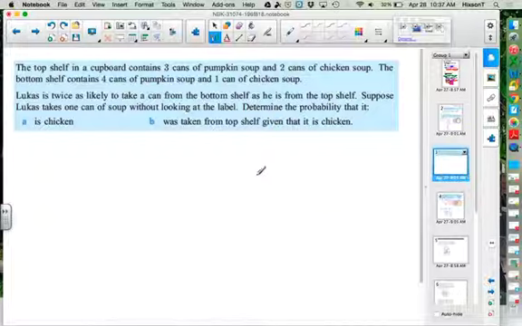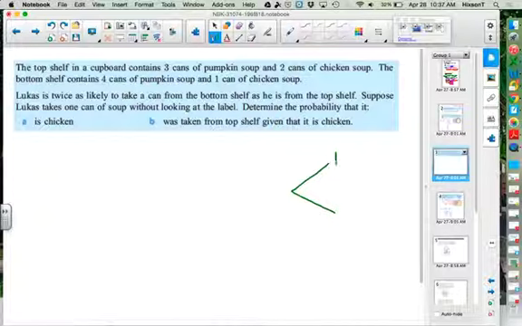What are our 2 choices? The shelf we're going to use, and then the type of soup that we're going to grab.